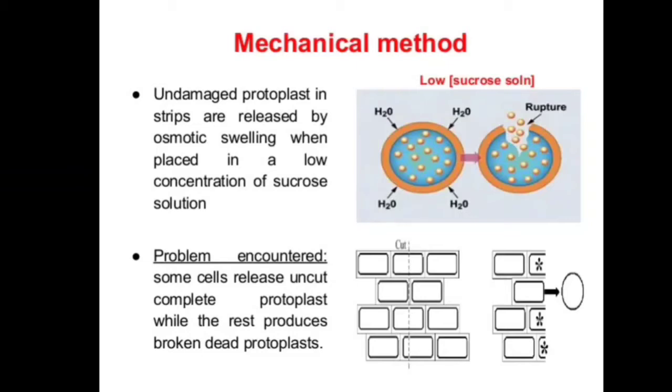From there the enzymatic method starts. The mechanical method of protoplast isolation is no more in use because the yield of the protoplast and the viability are very low in these conditions, and it is restricted to certain tissues with vacuolated cells only.